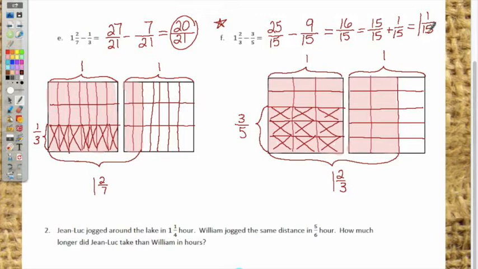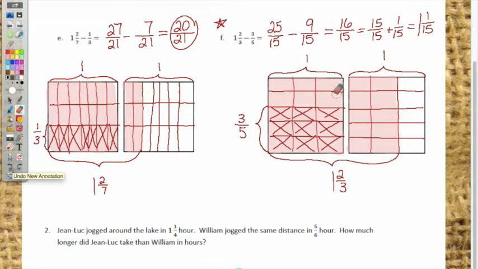Now let's check it, okay? What would I need to have in these areas that aren't crossed off in order to have 1 whole? 15. I would need 15. So I got 10 here, right? 11, 12, 13, 14, 15. I'm using my board, I'm going to try this.